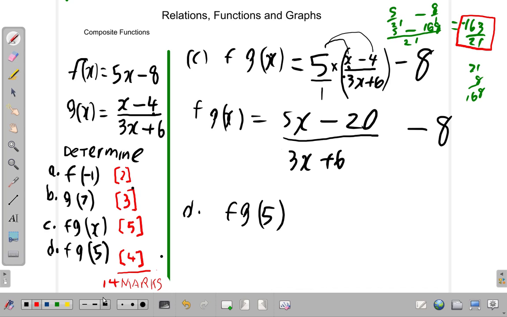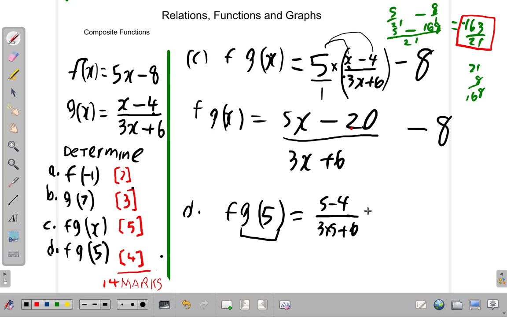What you could say for this is that g of 5 is going to be, remember, we're finding this first. g of x is x minus 4, so g of 5 is 5 minus 4 up here, divided by 3x plus 6 down here, so g of 5 is 3 times 5 plus 6 down here.